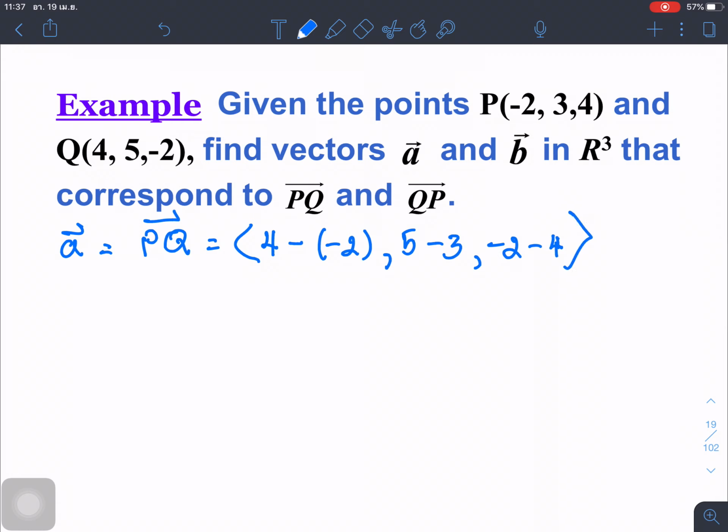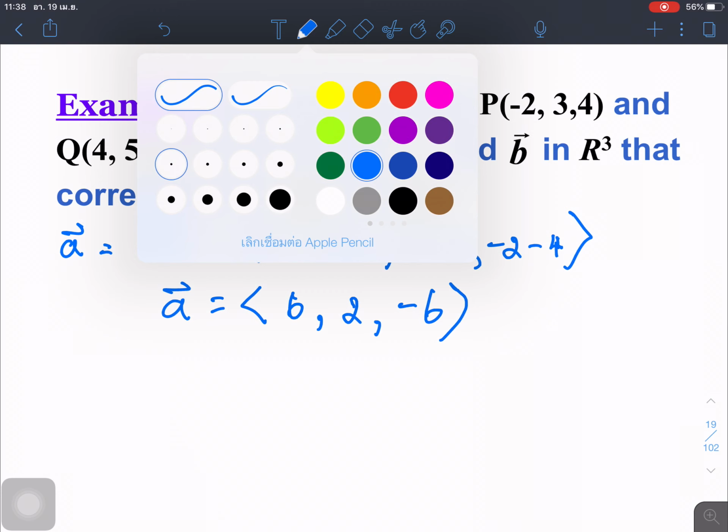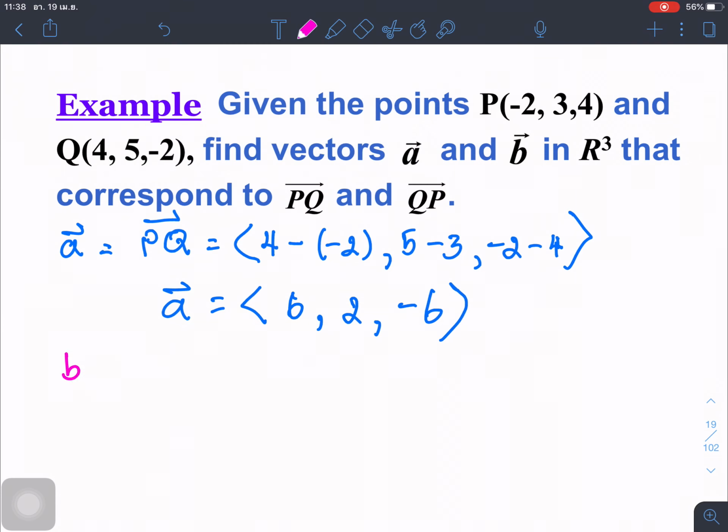All right, and then compute it. So A is a vector that can be represented by the coordinates 6, 2, and negative 6. All right, and for B, vector B is QP, right?